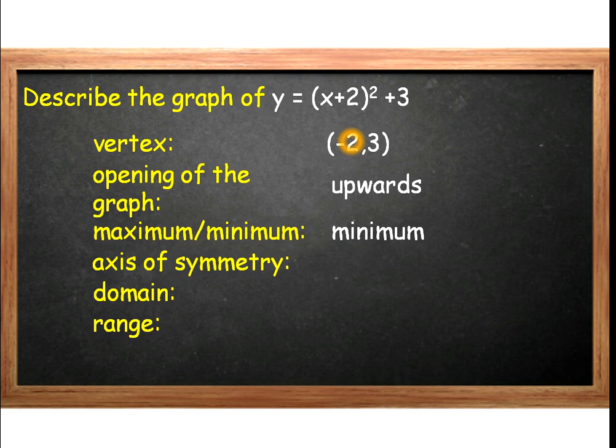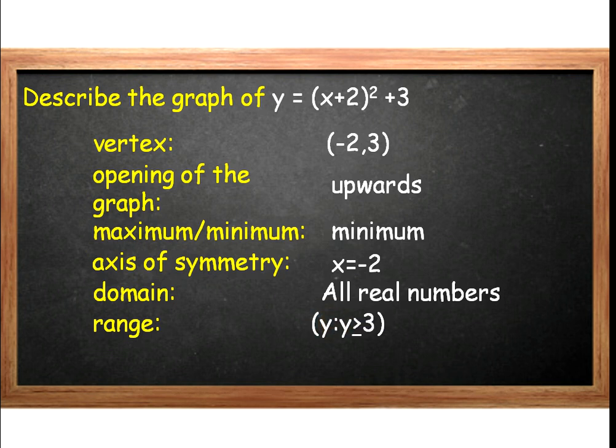The value of h is negative 2, giving us the equation of the axis of symmetry as x is equal to negative 2. The domain of the function is all real numbers, and the range, since it opens upward, will be y such that y is greater than or equal to 3. 3 is the value of k.